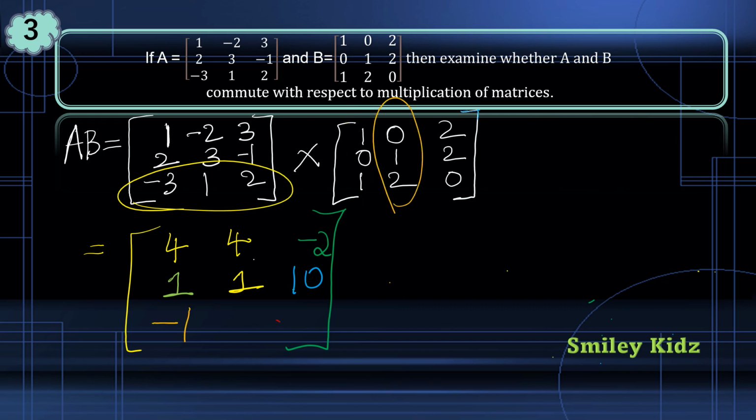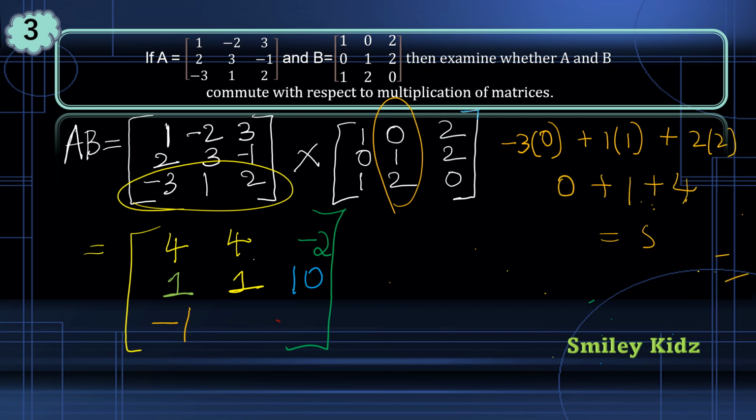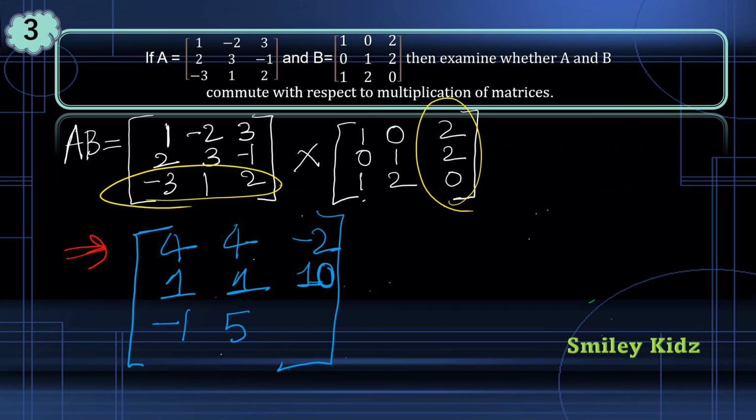Now with the second column, that will be minus 3 into 0 plus 1 into 1 plus 2 into 2. This is 0 plus 1 plus 4, that is 5. Here we have 5. Finally, the third row with the third column: minus 3 into 2 plus 1 into 2 plus 2 into 0.